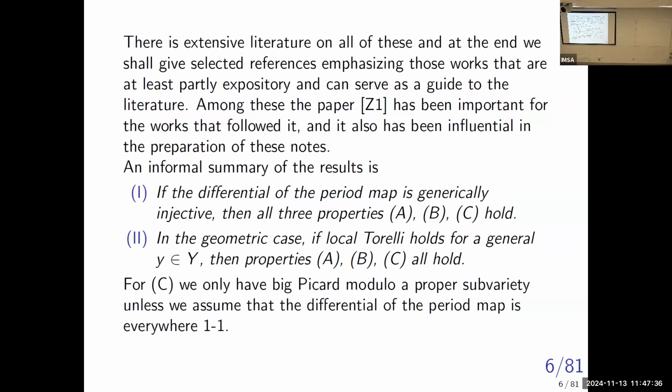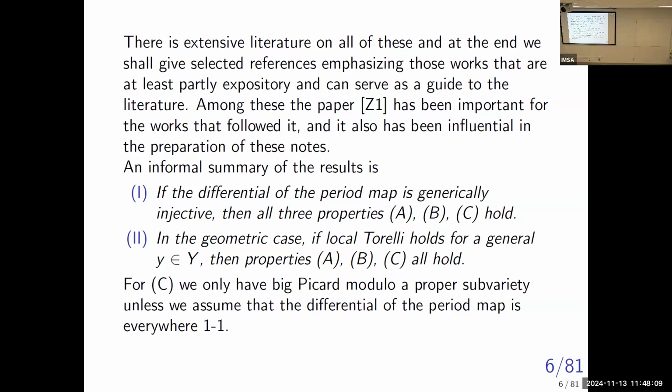So an informal survey of the results is this: if the differential of the period mapping is generically injective, so that means as the Hodge structure is varying, it varies non-trivially to first order at a general point. So in that case, all three of these properties hold.